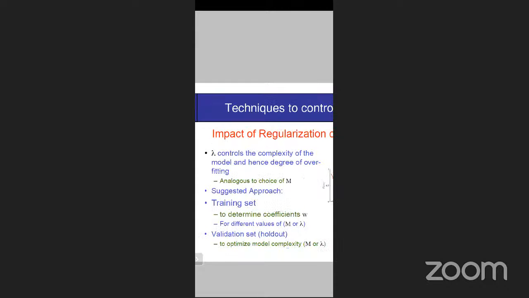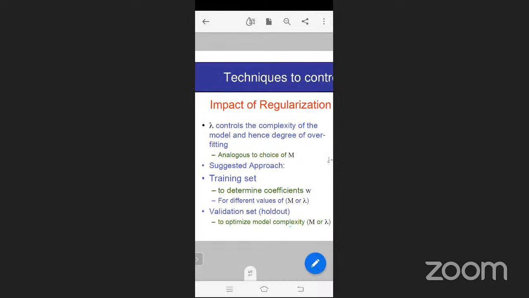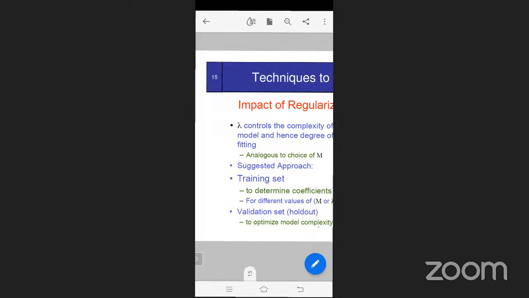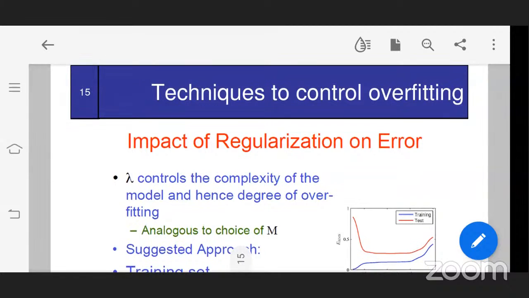The idea is this: in the case of regression, you will have the training data, and you will split it into training and validation. You will evaluate the performance for different values of the model parameter M, M equal to 0, 1, 2, 3, and so on.